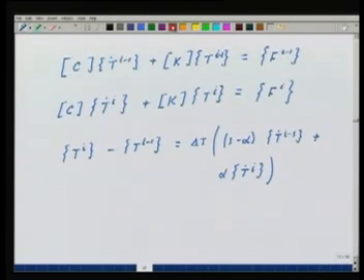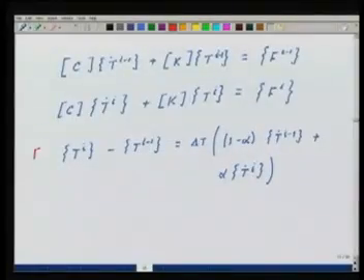So I am going to operate on both sides with C.